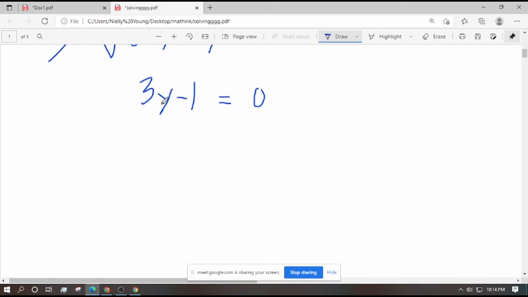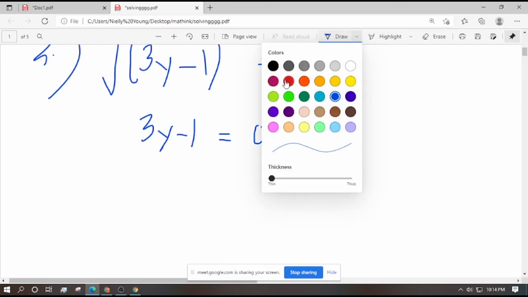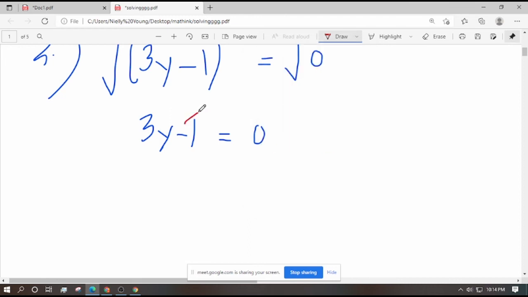Now, in order to get the value of y, first, you will transpose the negative 1 from the left side to the right side.